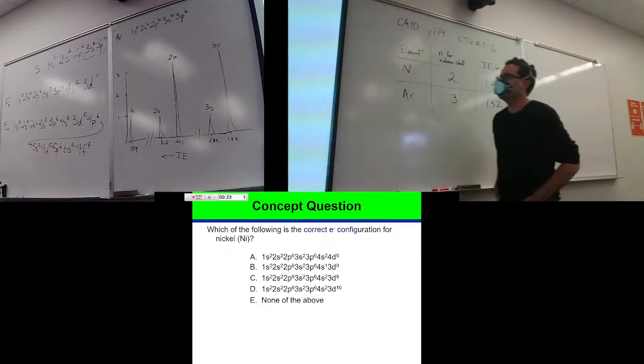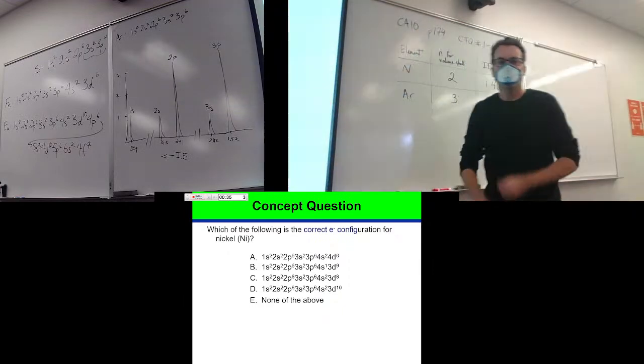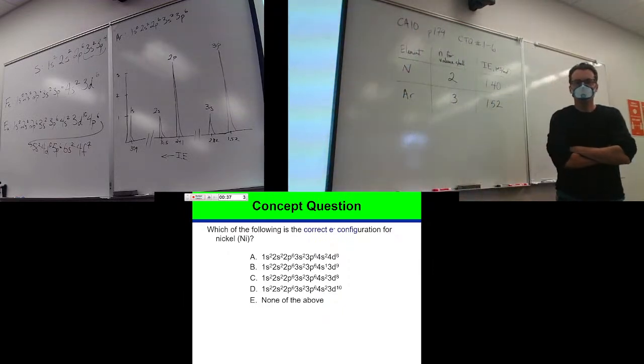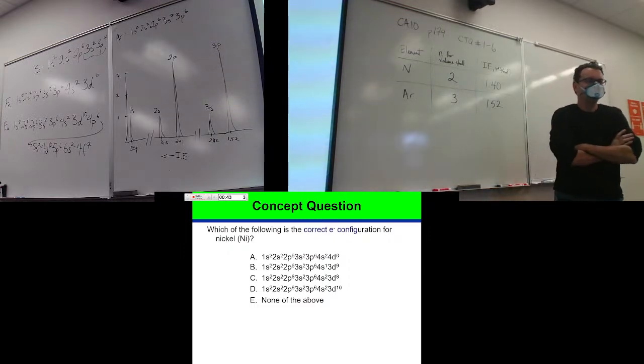I'll give you a hint. Everything up to here, from here to here, is exactly the same. So you can probably assume that that's fine. So really you've got to look at the last couple parts. Unless it's none of the above.